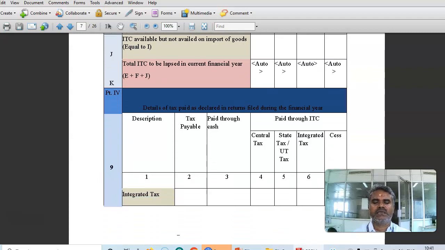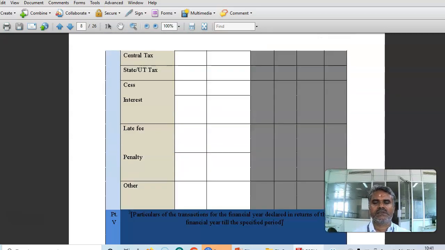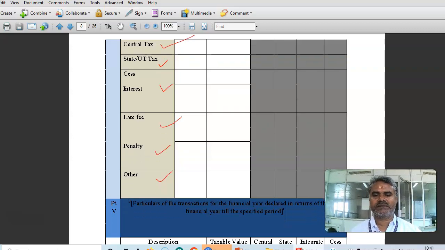Part 4 is details of tax paid as declared in returns filed during the financial year: integrated tax, CGST, SGST, and cess, interest, late fee, penalty, others.